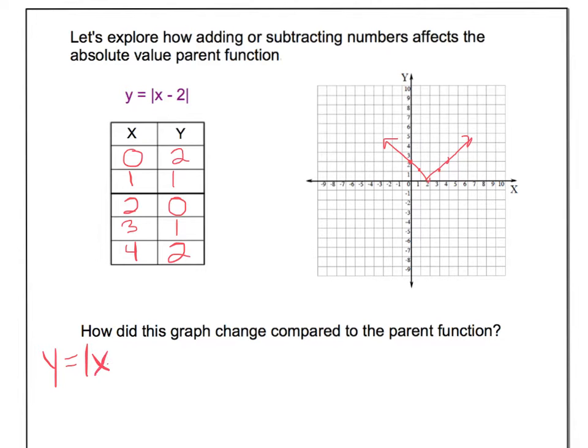Remember, our equation for transformations had a minus sign in it. In this case, our value for h is really a positive 2. Worst case scenario, you need to understand or memorize that when you have a minus value inside that absolute value symbol, your vertex will move to the right.